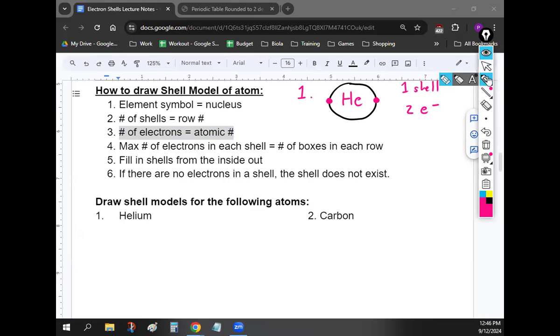Okay, let's try number 2. I'll have you guys do the first part of number 2. So we're going to do number 2, which is carbon. I'll do it right here. I'll do it in blue. Okay, I want you guys to write C for carbon, and on your paper, I want you guys to draw how many shells carbon has. Okay, so just go on your periodic table, find carbon, and write down how many shells carbon has.